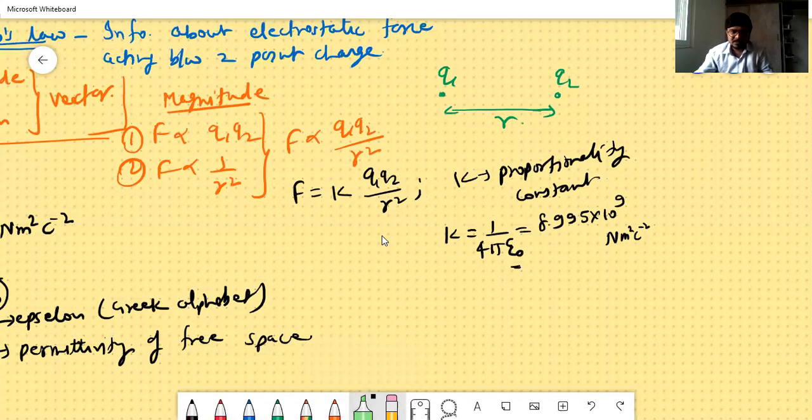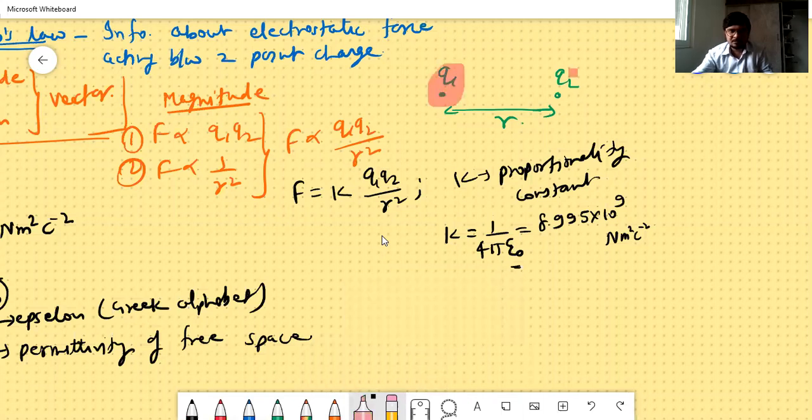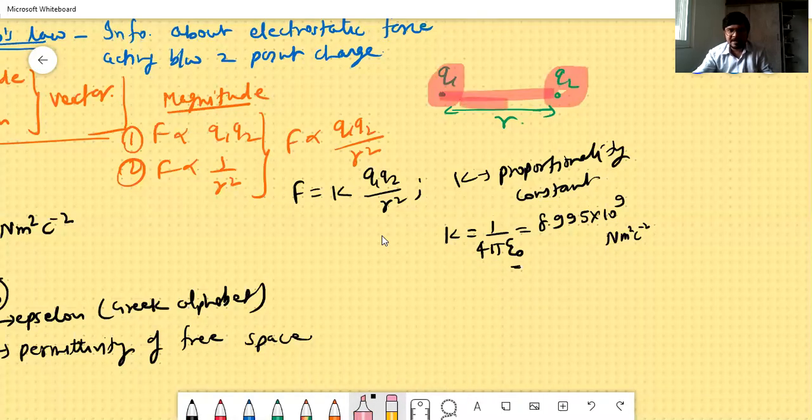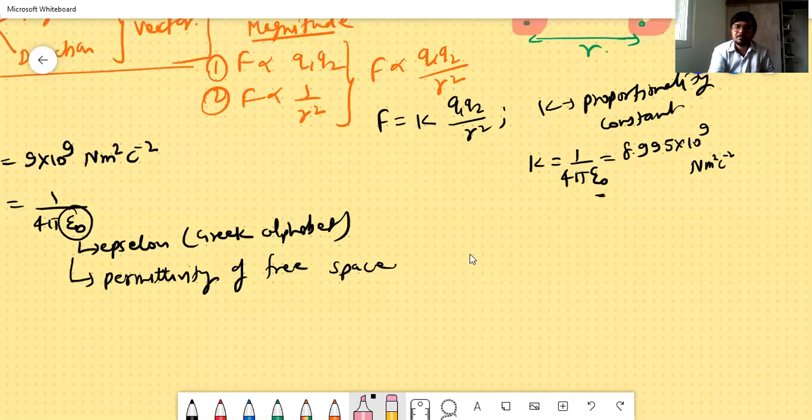is kept in vacuum, okay? There is no medium present between them, okay? So here it is present in vacuum. There is no medium present between them.